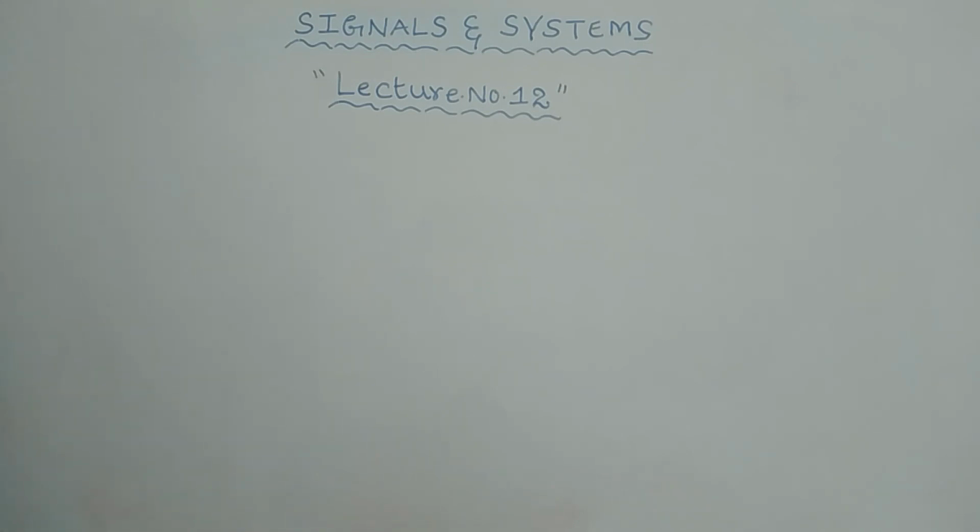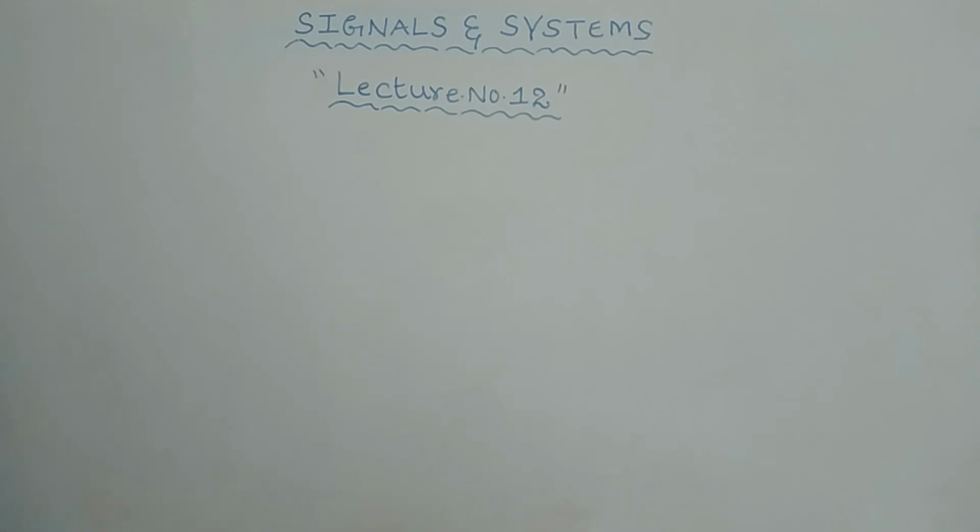In today's presentation, I would like to bring forth the classifications of systems. So far, we have seen the various types of signals and some elementary signals in the last presentation, as you can refer to in our previous presentations.